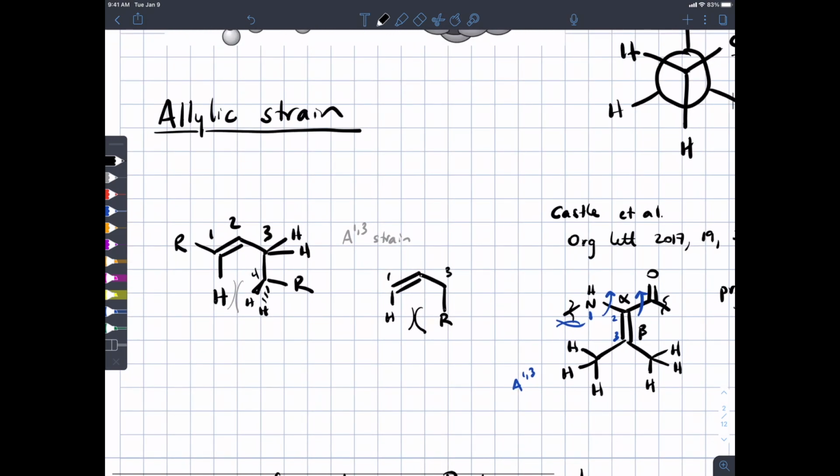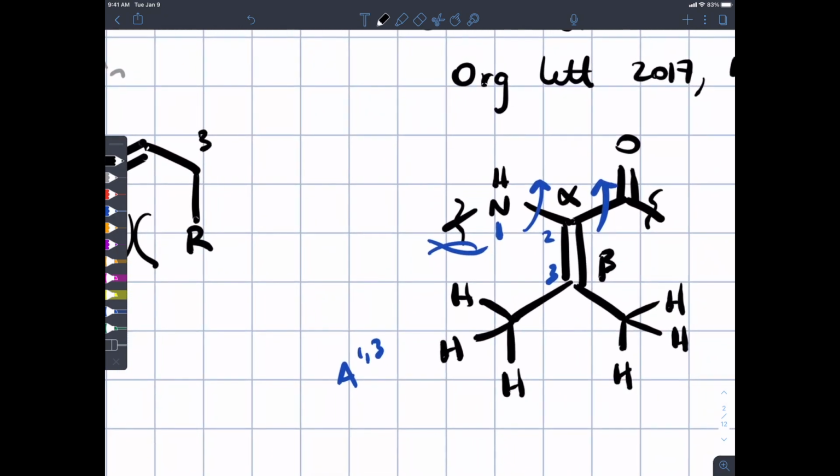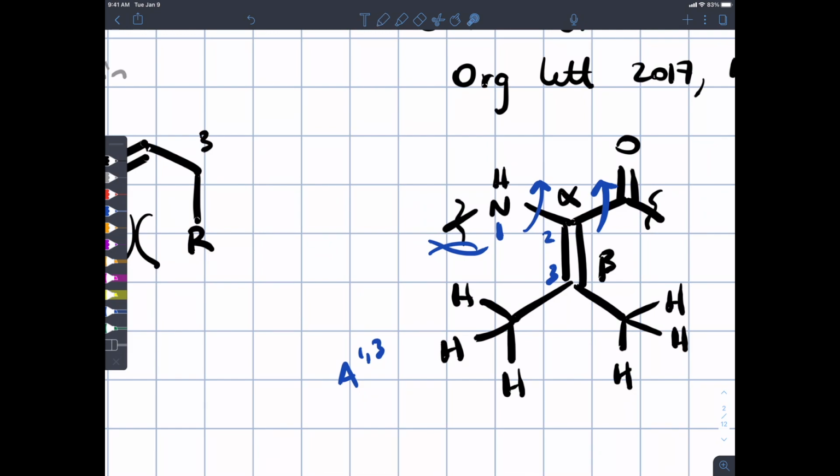So the whole idea is that because of the double bond, the bond between 1 and 3 are kind of close. So any substituent that is coming off 3 might interact with 1. Is that the whole idea? Yes, you're absolutely right.